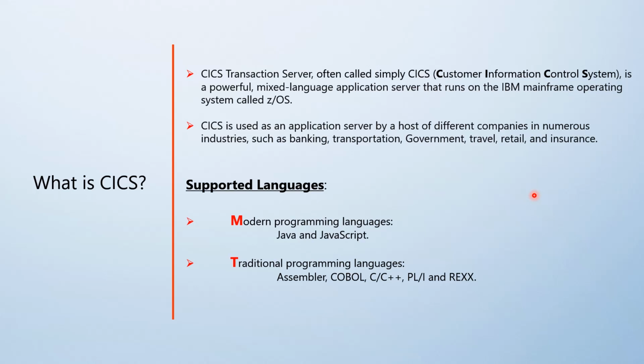The beauty of CICS is that it supports multiple languages, so a programmer has a wide variety of languages to choose from, whichever best fits his application. And coming to the pronunciation of CICS, in a few parts of the world they pronounce it as C-I-C-S, and a few call it as kicks. It depends on the region.